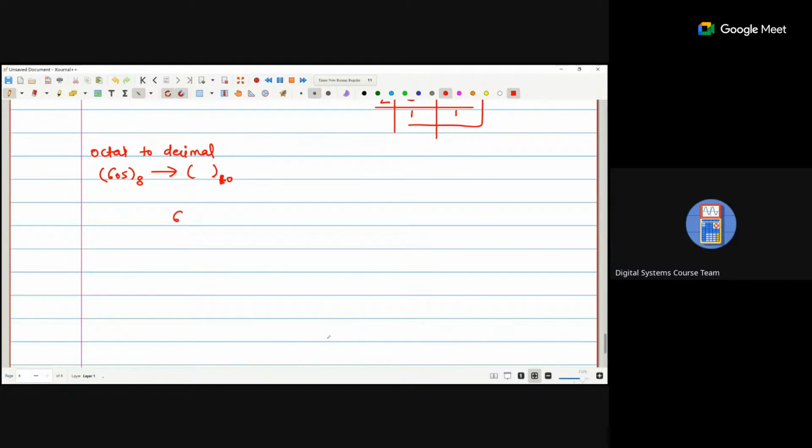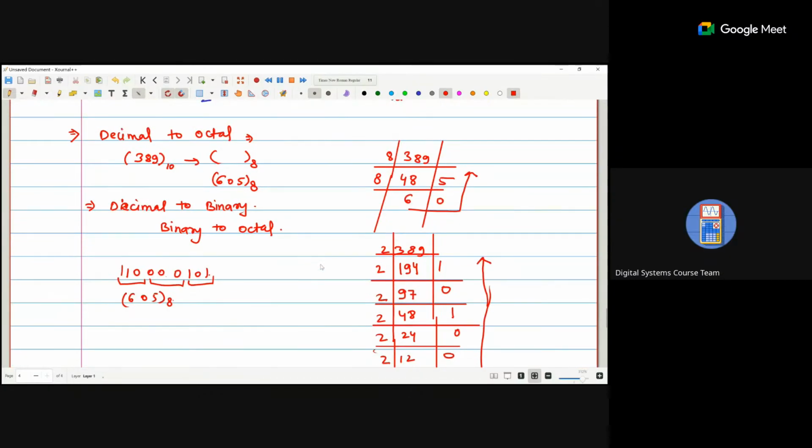So we do the weighted sum: 5 into 8 raised to power 0, plus 0 into 8 raised to power 1, plus 6 into 8 raised to power 2. So it becomes 5 plus 0 plus 384, which is 389.